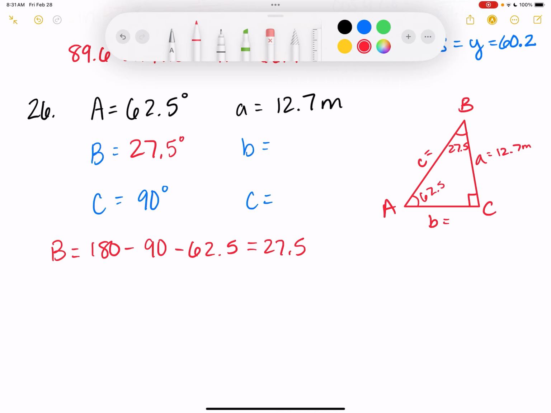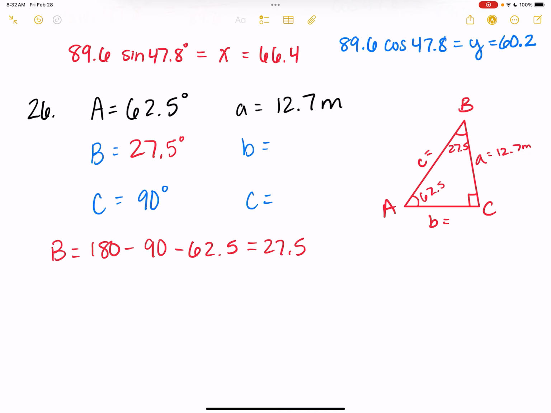So if I want to solve for side B using either A or B, which trig function would I use? So tell me what angle and what trig function. Wait, to get what side? To solve for B. So is there something that associates B with A, and you can choose either angle, I don't care.